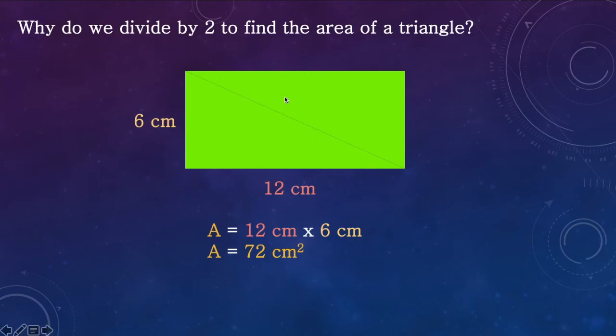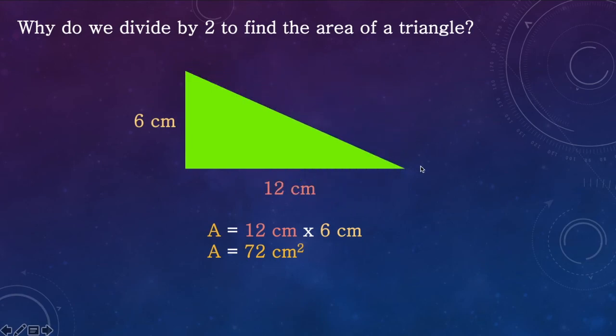Now, if I cut this rectangle so I have half of it left, I'm going to cut it from this corner here all the way down to this corner. And what I'm going to be left with is a triangle, right? And you probably know where this is going. Since I cut it in 2, I divide by 2, and now my area is 36 centimeters squared. So this is where the equation comes from.